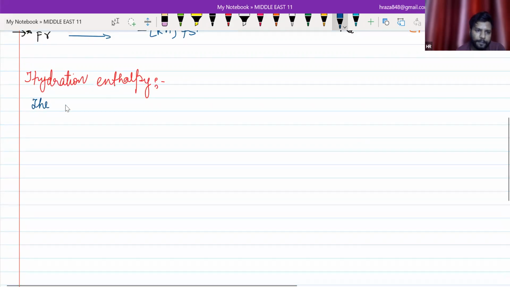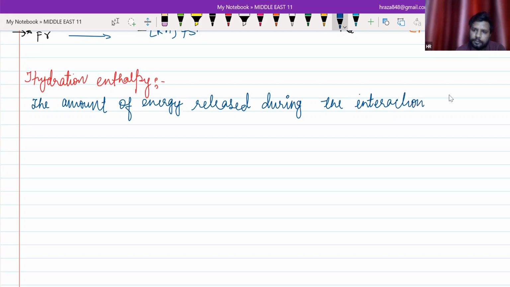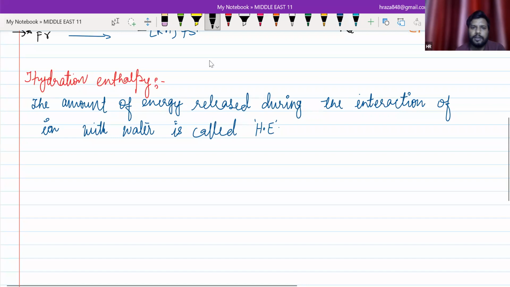So basically, the amount of energy released during the interaction of ion with water, since water H2O is polar, is called hydration enthalpy. That I am going to denote it by ΔHhyd. So what is hydration enthalpy?